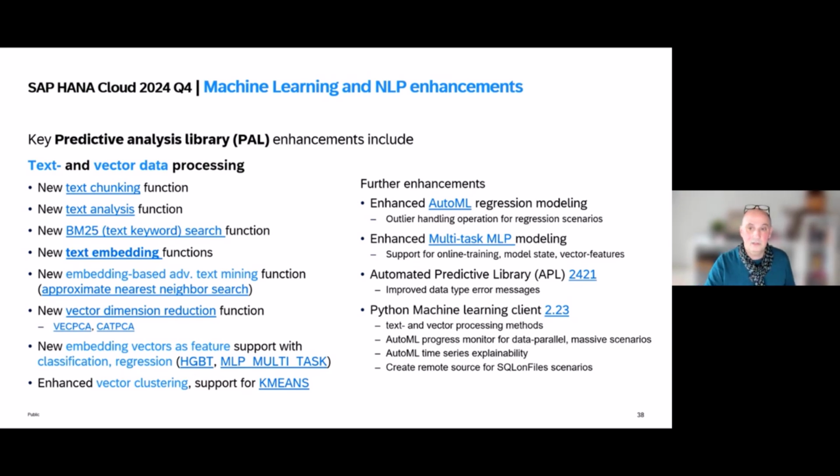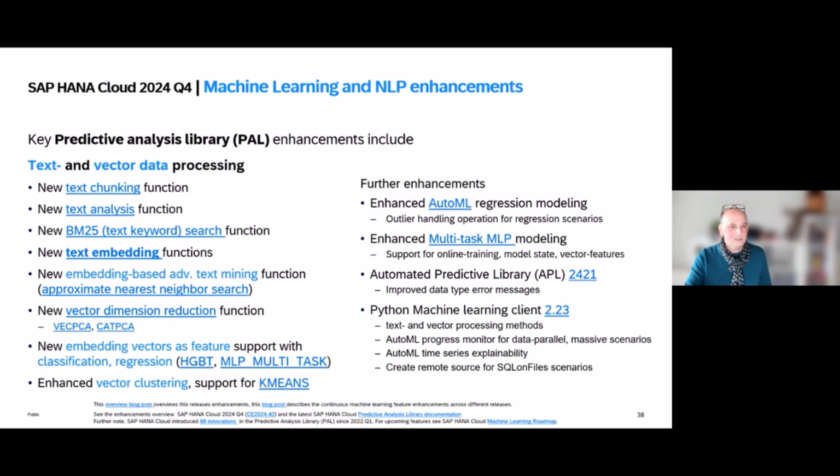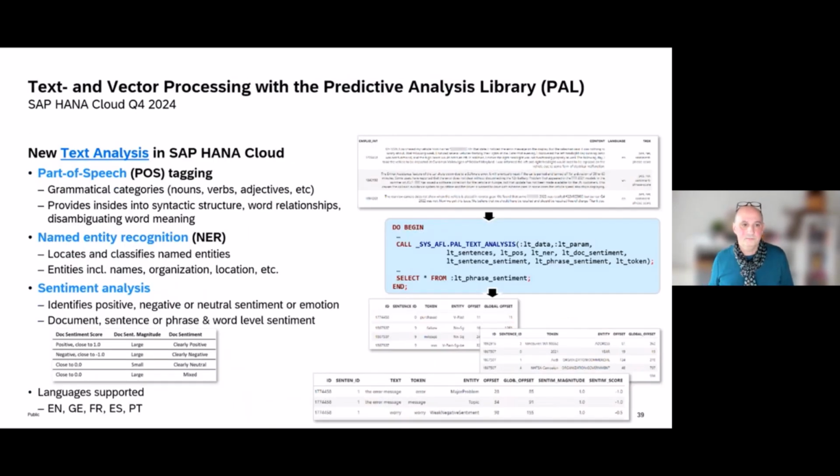And it's one of the functions which supports processing the vector data. So now let's look into some of the details. There is also the blog post available, which is linked here, which gives you all the insights in more detail about all those features.